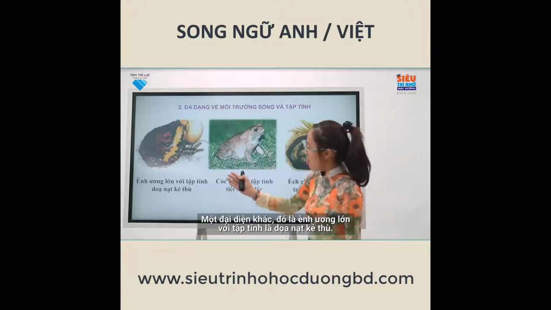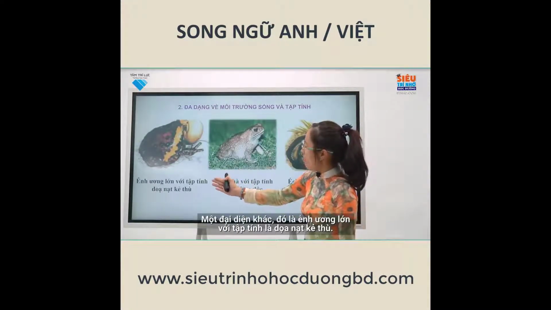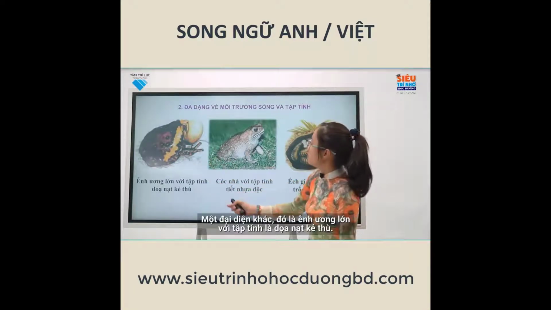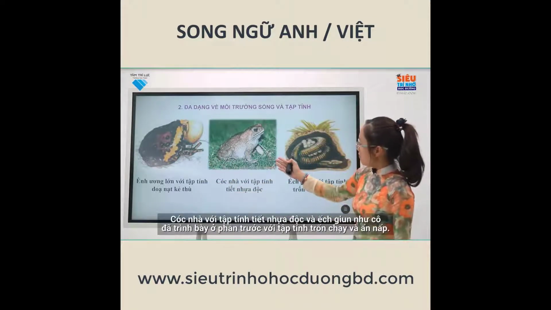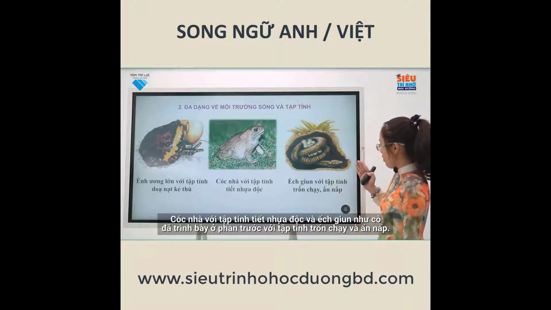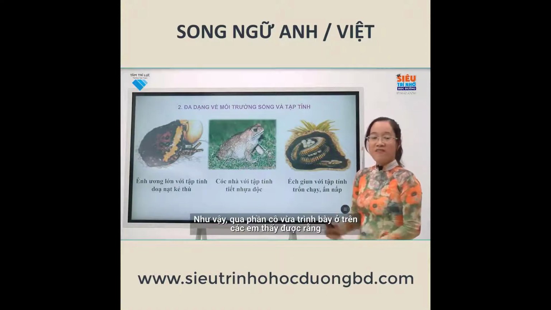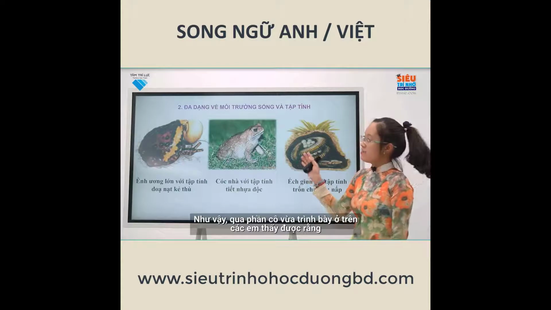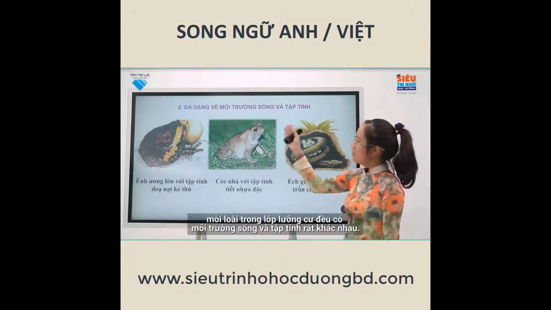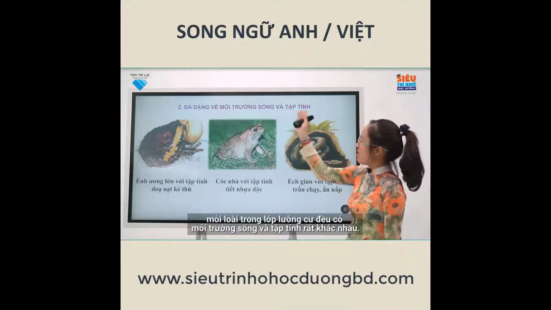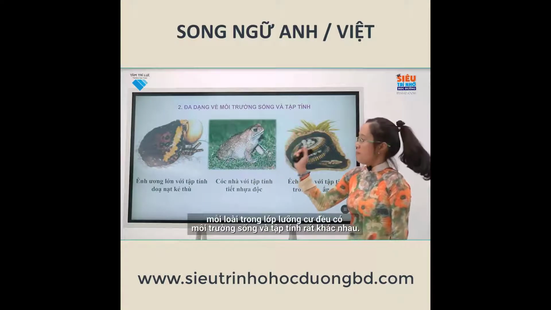Another representative is the large banded bullfrog, whose behavior is intimidating the enemy. The house toad has a poisonous resin secretion, and the Ichthyophis glutinosus, as I described in the previous part, has running away and hiding behavior. Thus, through the part I just presented, you can see that each species in the amphibian class has a very different habitat and behavior.